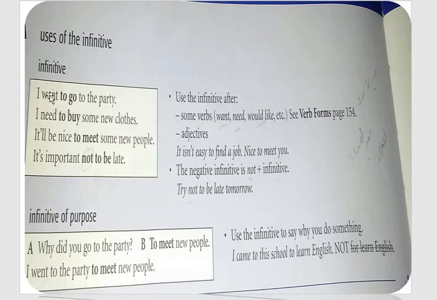Look here, want: after it go, separated by to. Need, buy, between them to. Here we have also be, need to be, between them also to.